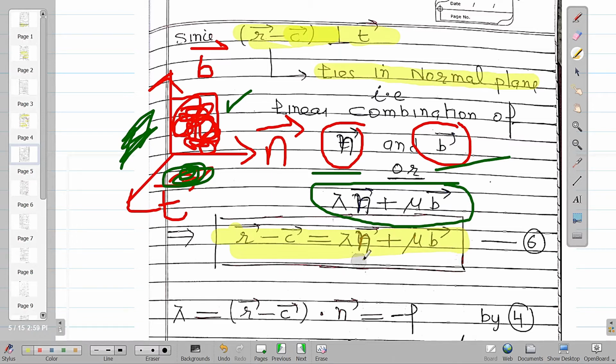Now how can we find the value of lambda? If we take the dot product with n, then we will find the value of lambda. If we take the dot product with the b vector, then we will find mu. Clear? So first take the dot product with n vector.